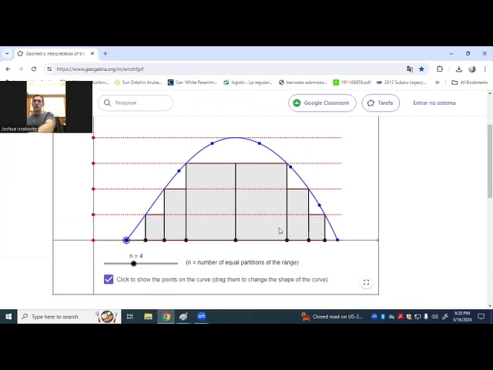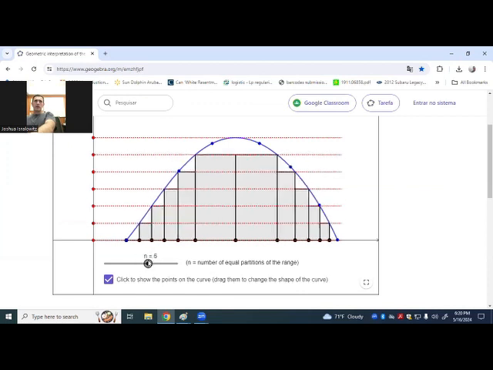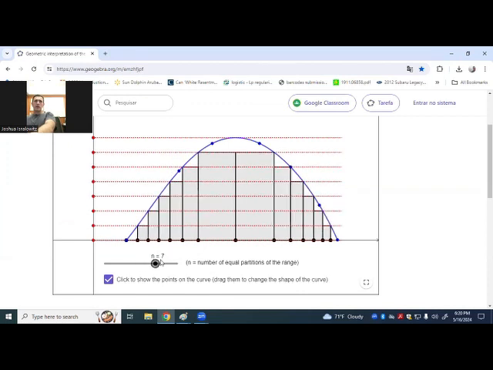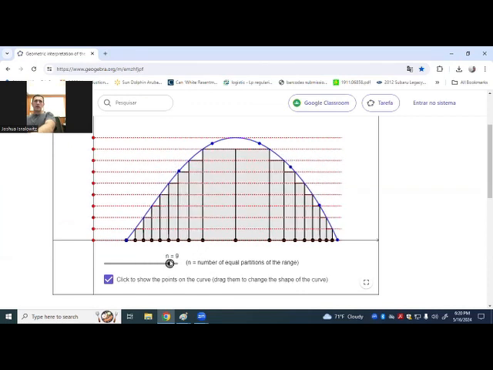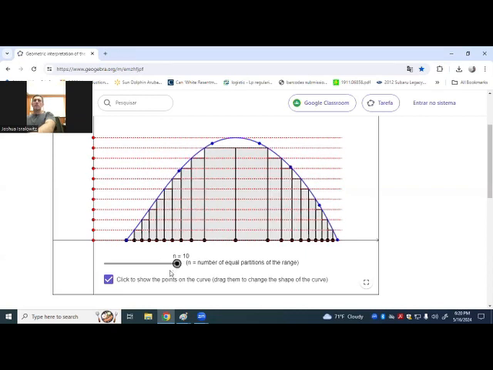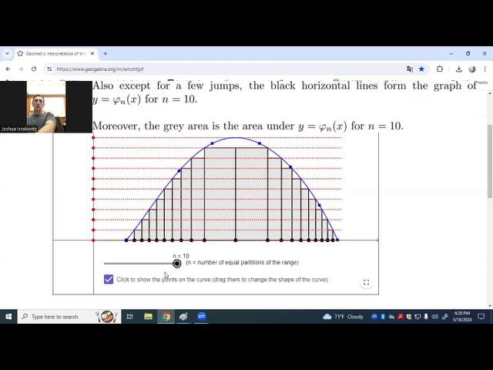These two are E2. And here and here is E1. You can see as n gets bigger and bigger, I get a better and better approximation of the area under the curve.